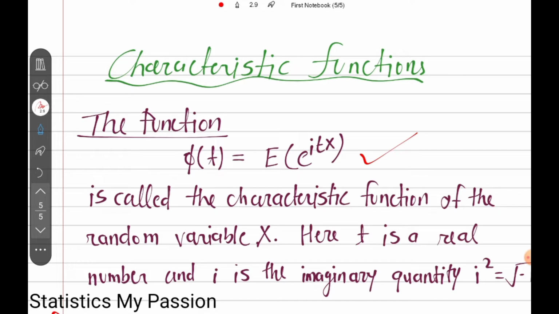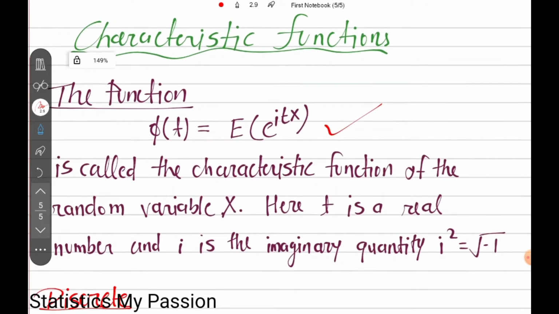So what is t? t is a real number and i is the imaginary number, the iota, where i squared is equal to minus 1.